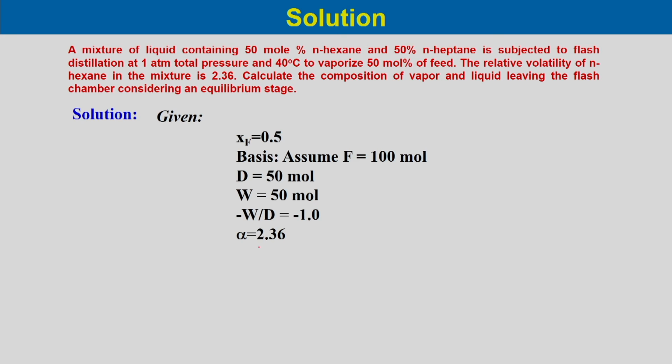Now, the relative volatility is given as alpha, which is 2.36, and this is the relation between the vapor and liquid composition, that is the relative volatility equation. So, once we know alpha, we can get the XY data.